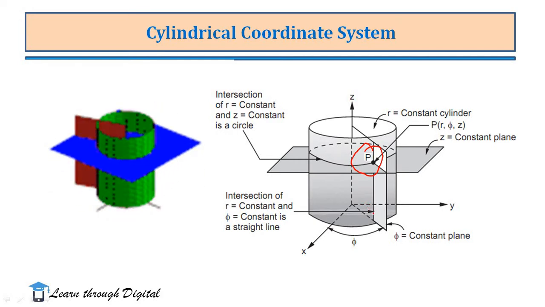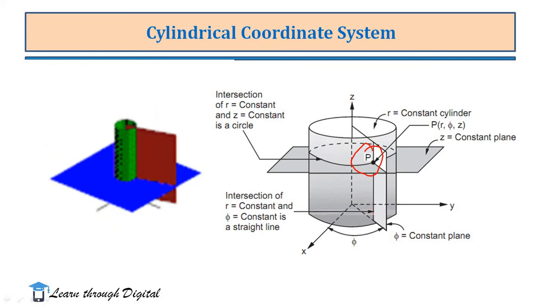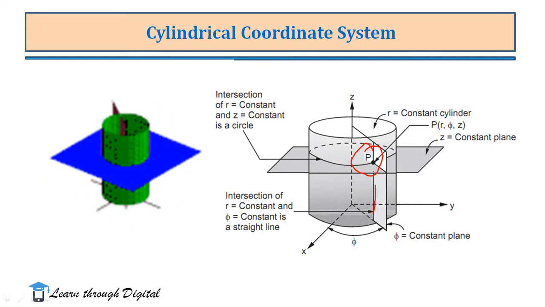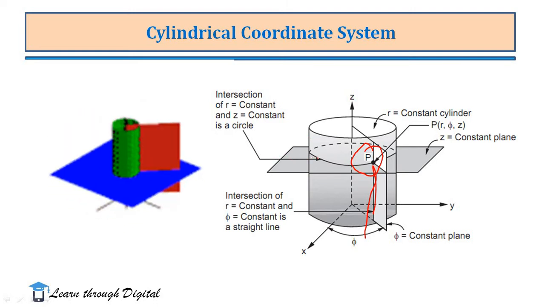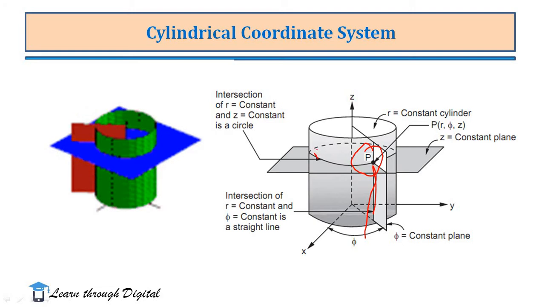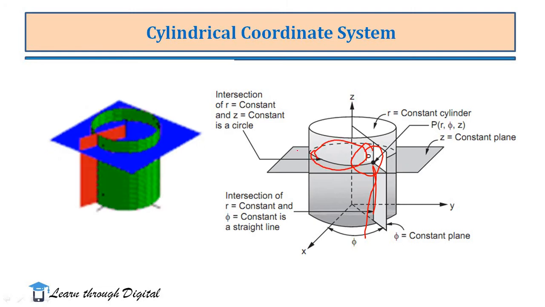Here, the intersection of r equal to constant and phi equal to constant is a straight line. And the intersection of r equal to constant and z equal to constant is a circle. This defines the circle.